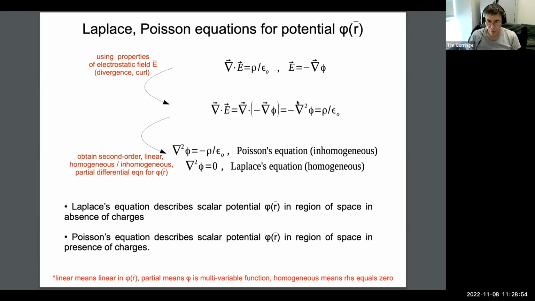Now, there's an important point here. The method of images for solving Laplace's or Poisson's equation applies to a very restricted small set of problems. The separation of variables as a way of solving Laplace's or Poisson's equation also applies to a pretty restricted set of problems.